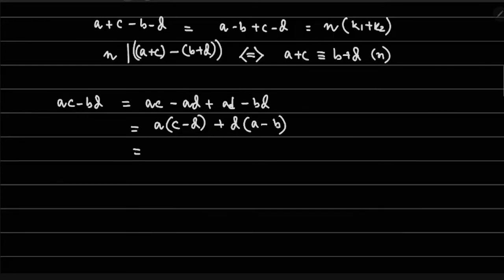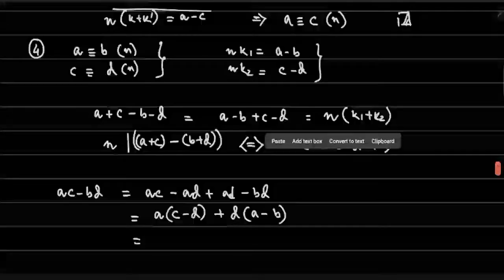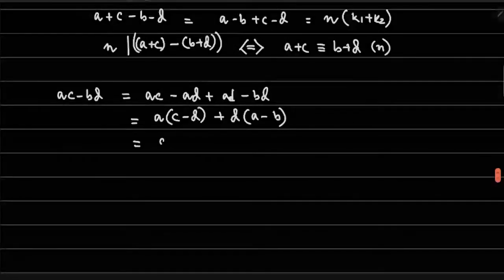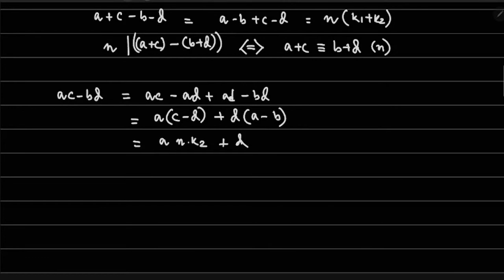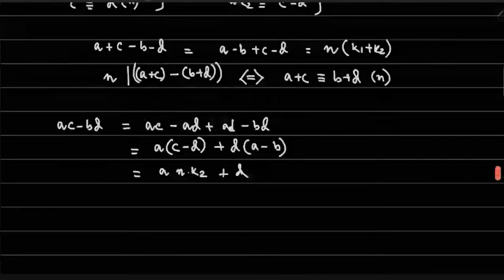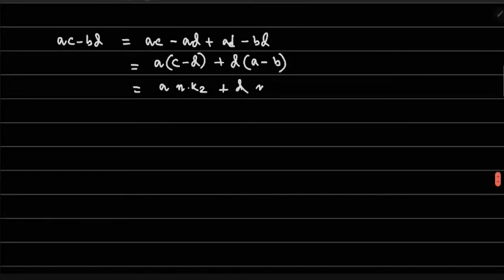Now think, C minus D is equal to what? n into k2. So we just put it like A into n into k2, and D into what is A minus B? A minus B is n into k1. Now if you take n common, you can see that it is A k2 plus D k1.